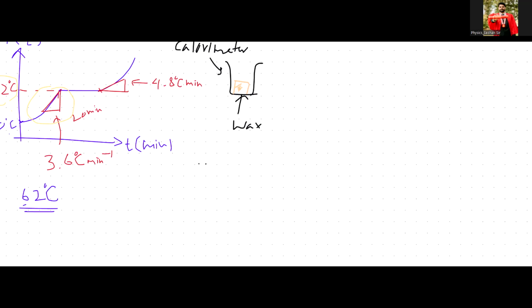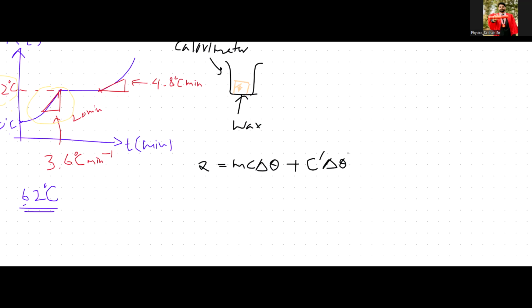For the wax it is mc delta theta, plus for the calorimeter it is just C dash delta theta. Why? Because they already gave the heat capacity of the calorimeter. So this C dash is the heat capacity.